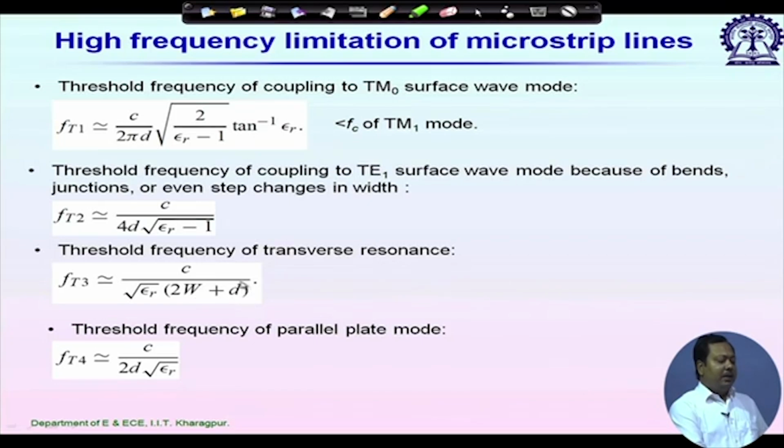So if I increase the thickness of the substrate, obviously for a 50 ohm line we have to increase W. If we choose lower epsilon r, in that case also we have to increase W. So that means even if I fix D, for smaller epsilon r, FT3 will decrease.